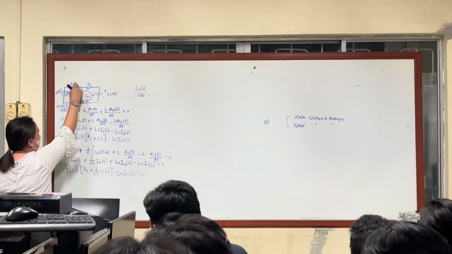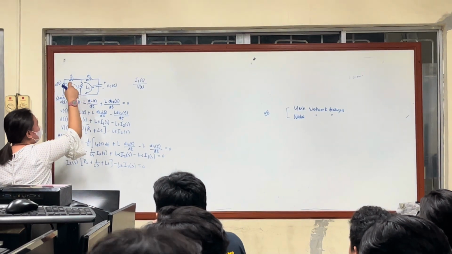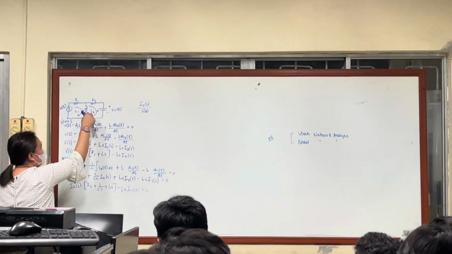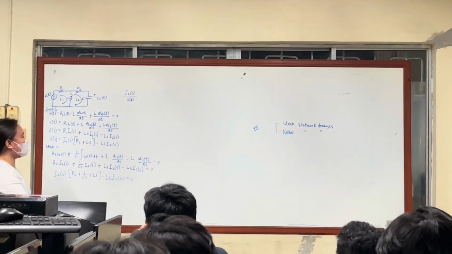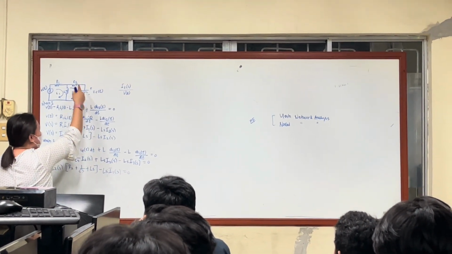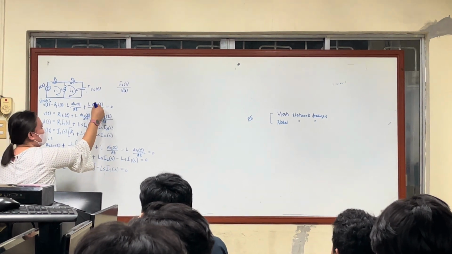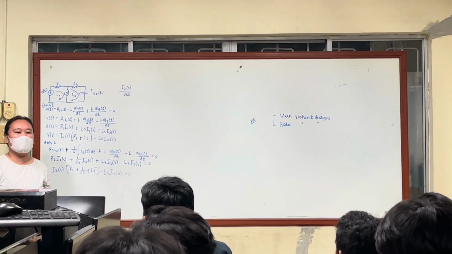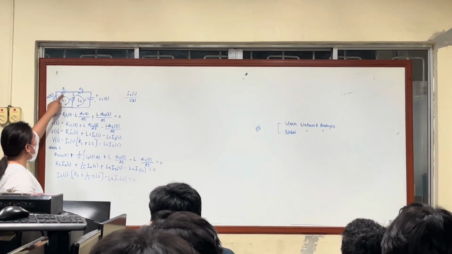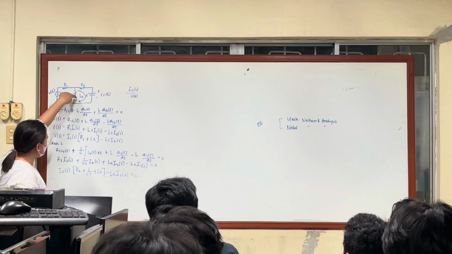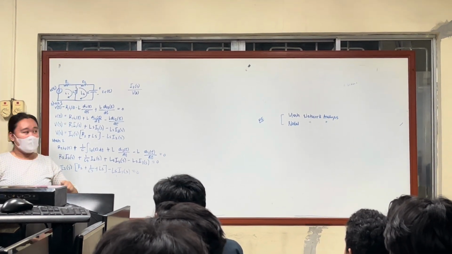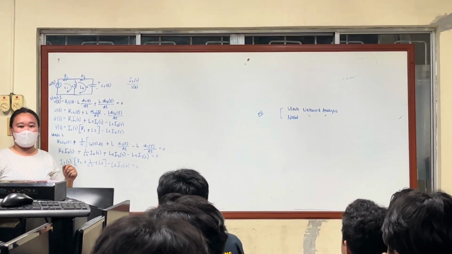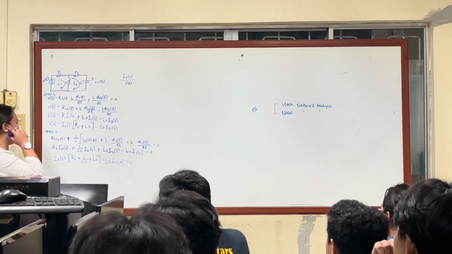R1, we have L, I1 of T. The directions meet: I1 goes this way, I2 goes that way, so they meet at some point. Since you have a minus, it becomes minus plus. Right? Next, I transpose.